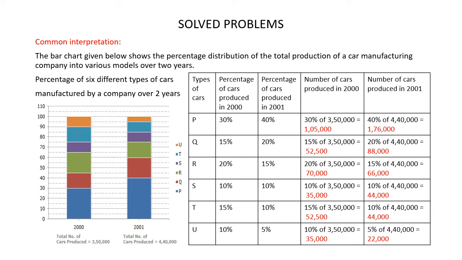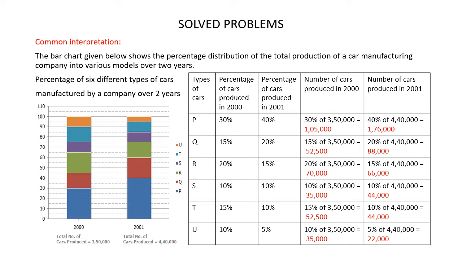Green color rectangle indicates R type of cars. The height of this green rectangle is 65 minus 45, which is 20. This means that 20% of the total number of cars produced in 2000 is of R type.